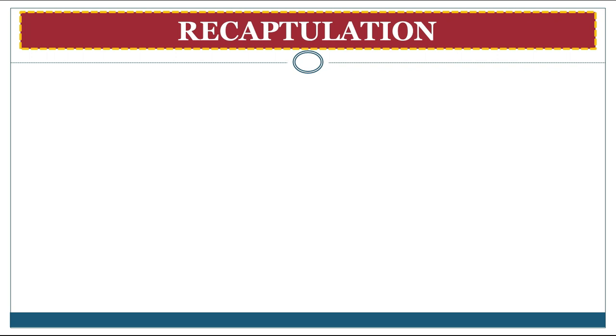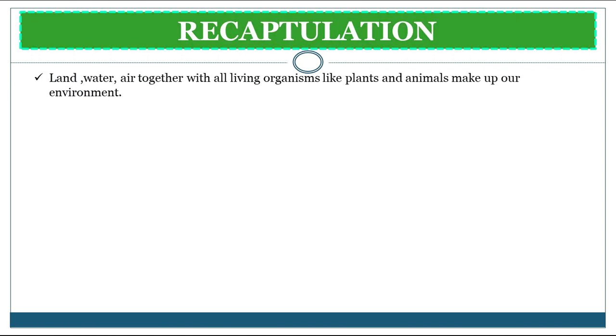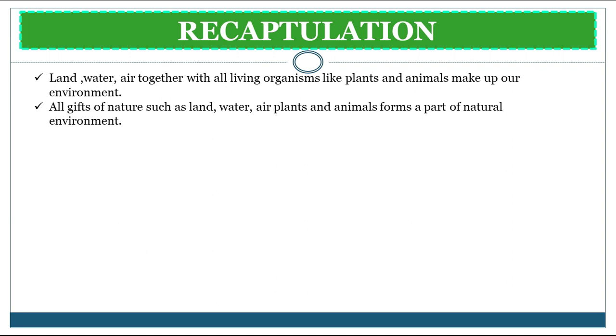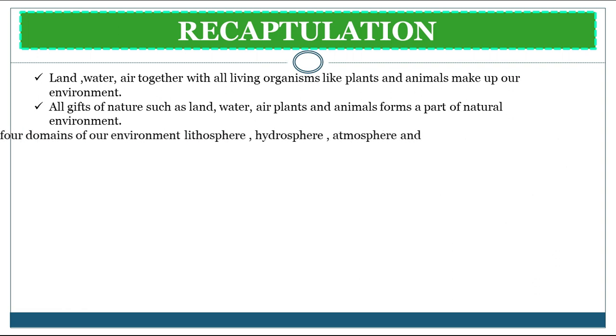Next, let's do the recapitulation of whatever we have studied. Dear students, first of all, we studied that land, water, air together with all living organisms like plants and animals make up our environment. Then all gifts of nature such as land, water, air, plants and animals form a part of the natural environment.